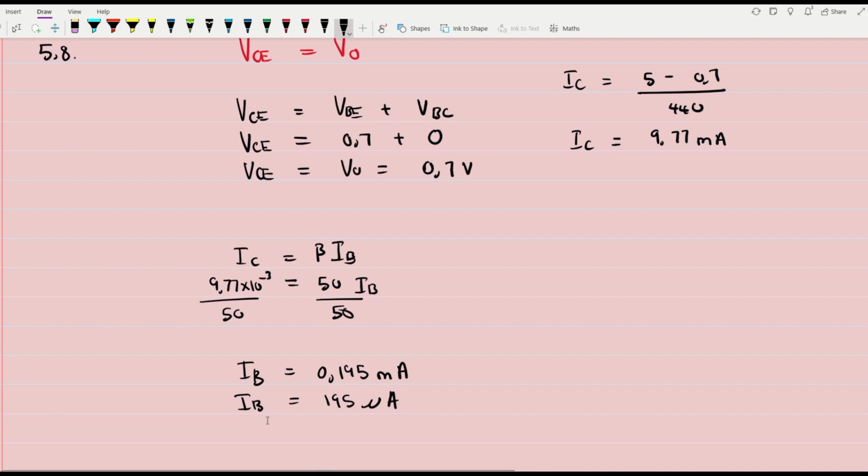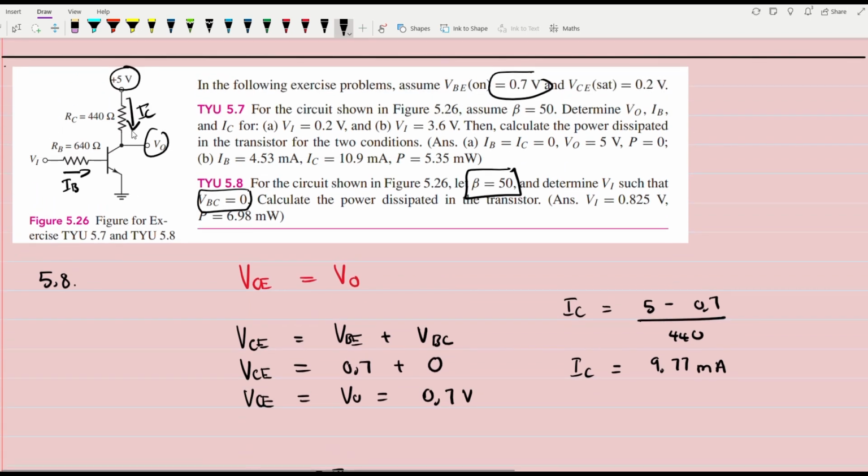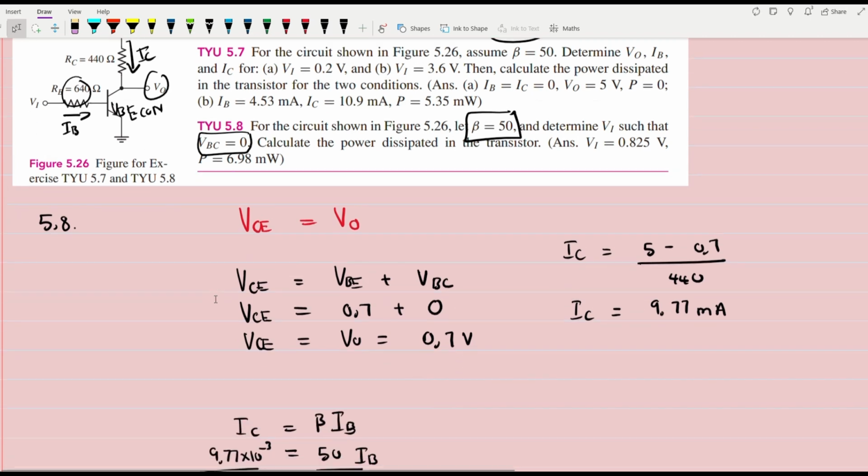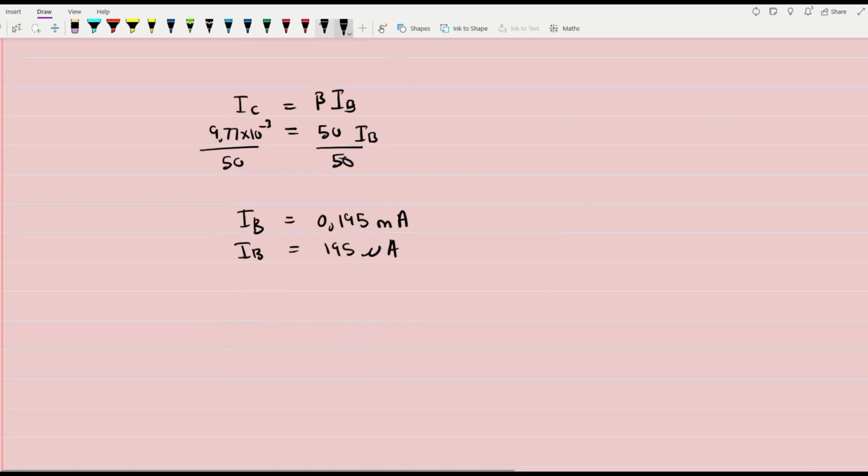Now that I have IB and VBE on, and the resistor right there, I can find VI. I'm going to use this formula: IB is equal to VI minus VBE on, divided by the resistor in between, which is RB.